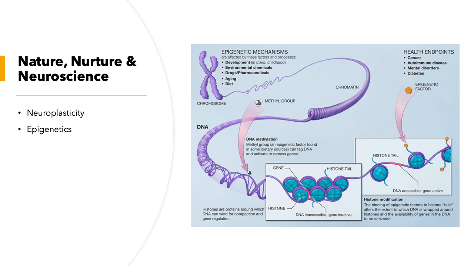Both play a significant role in development, and in fact, nature and nurture influence one another to impact that role in development. So now we know it's not one or the other, but it is both nature and nurture. So this is really important to recognize. And we also recognize the role of neuroscience in all of this.